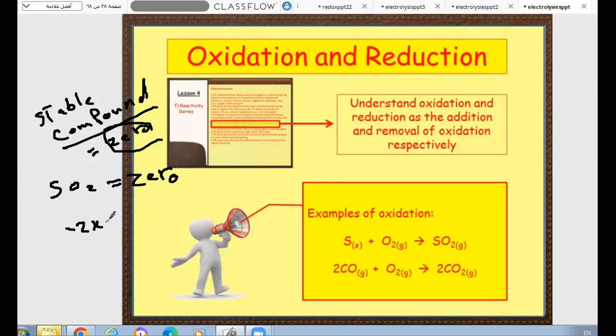Okay, how many do I have? 2. I have 2 oxygens. 2 times minus 2 plus S, all of this value equals 0.